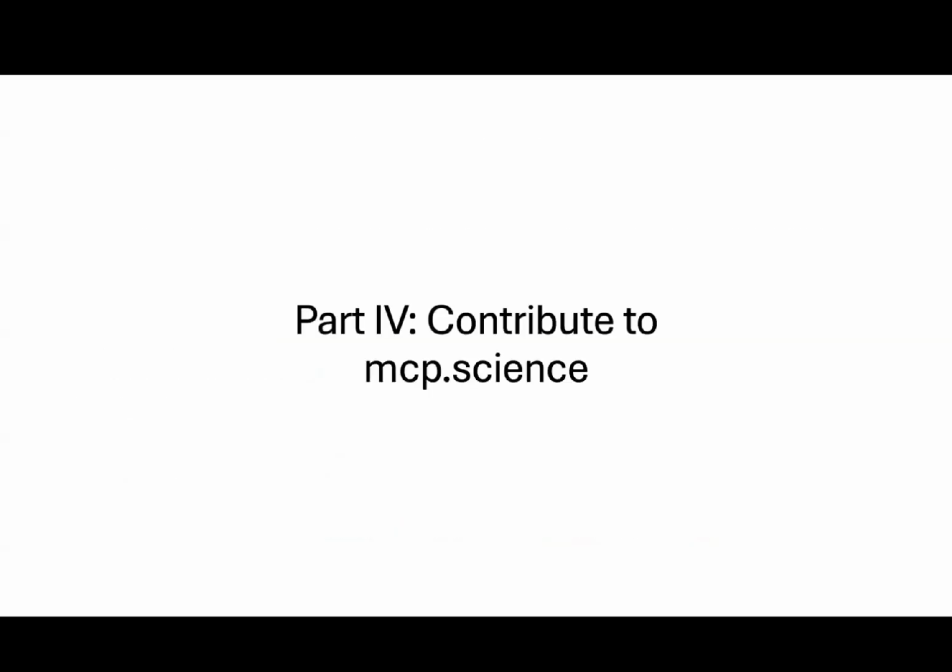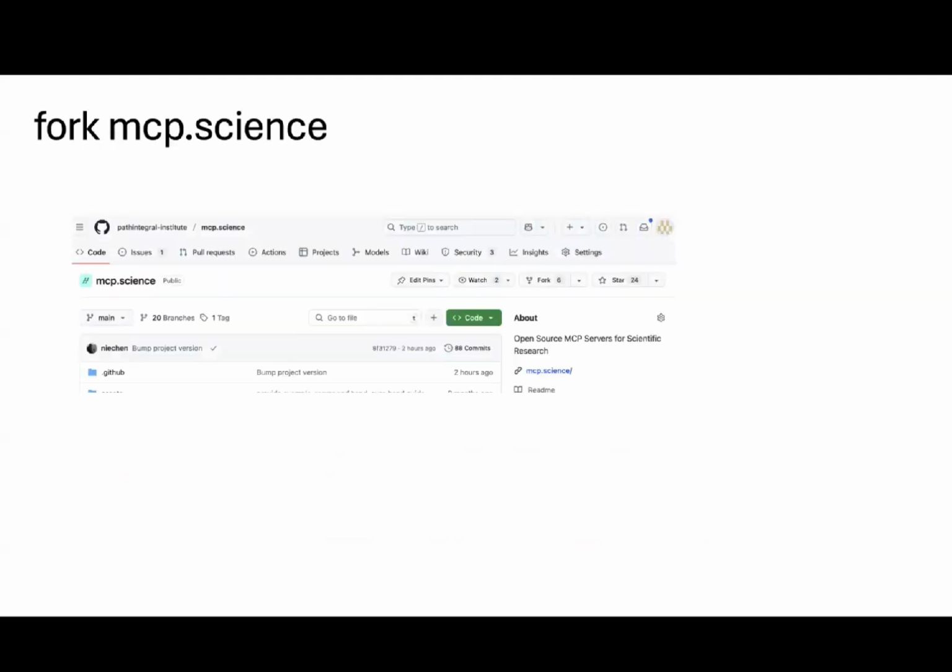If you run into issues, we also have an on-site technical support team here, so just raise your hand if you need help. The last part I want to cover is how to contribute to MCP science. As Professor Chi mentioned, this is an open source repo for all MCP servers that are related to scientific research. So we love any contributions.